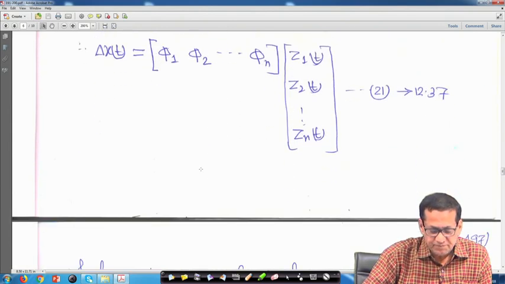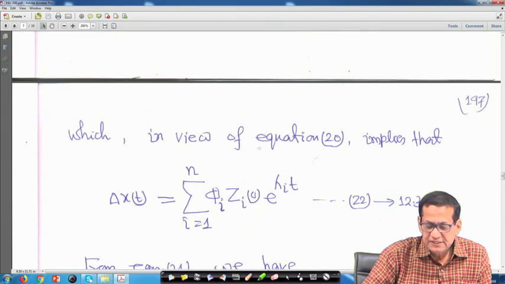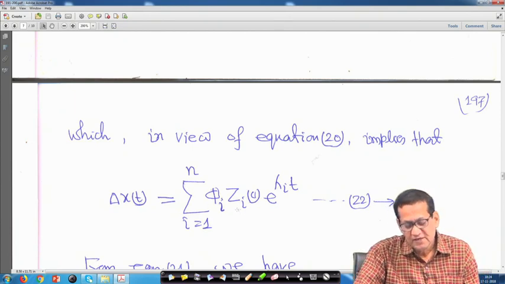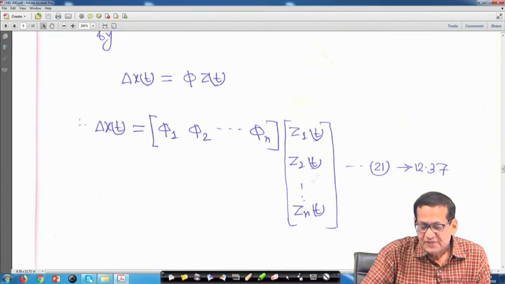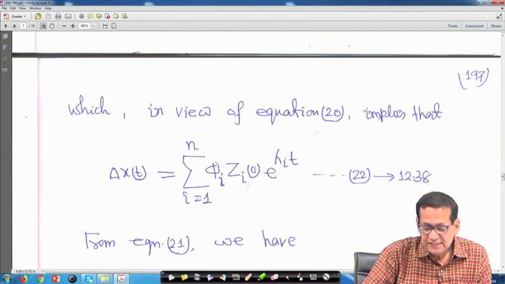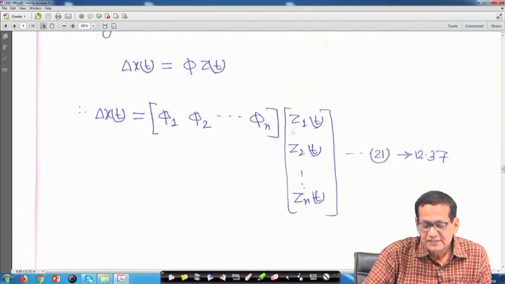Which in view of equation 20 implies that delta x t will be equal to the summation over i equal to 1 to n of phi i z i 0 e to the power lambda i t, because the solution of z i t is in general z i 0 e to the power lambda i t, and here you have phi 1 z 1 plus phi 2 z 2 and so on.